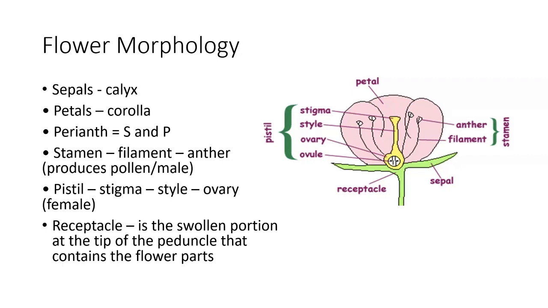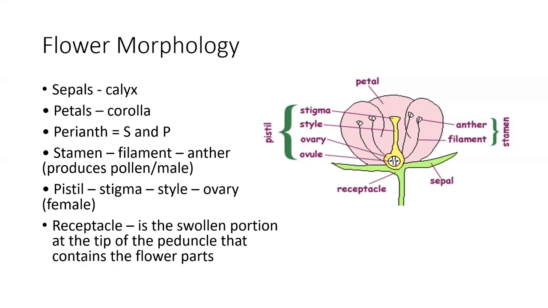Often that pollen is flying through the air, and that's where it can actually stick. And then the style is basically a tube where pollen can go down the flower. And then at the base of the flower, you have the ovary. And that is where the eggs of the flower are held.